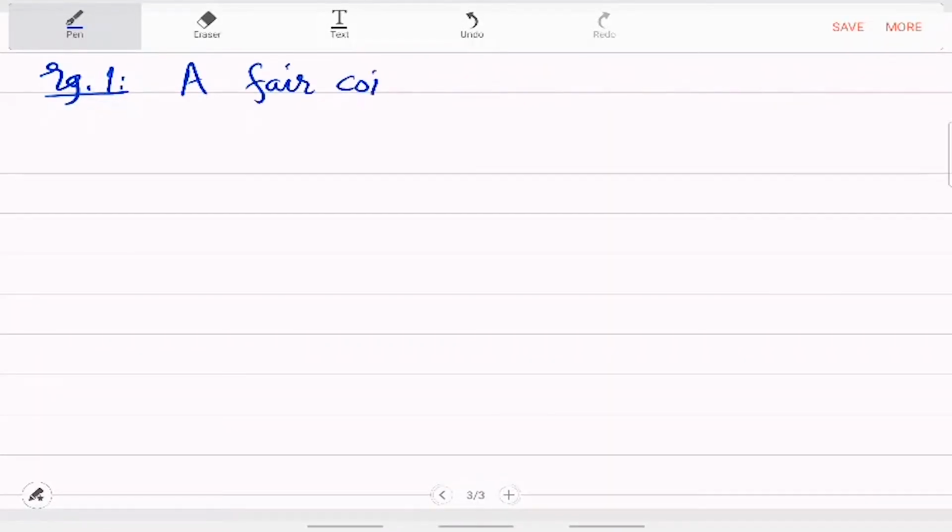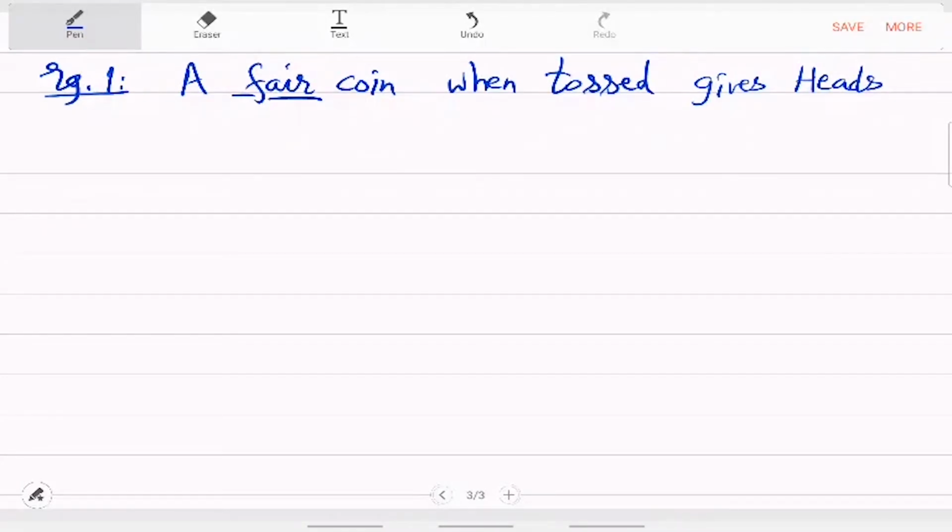So it starts with a fair coin. A fair coin, when tossed, gives heads or tails with equal probability.